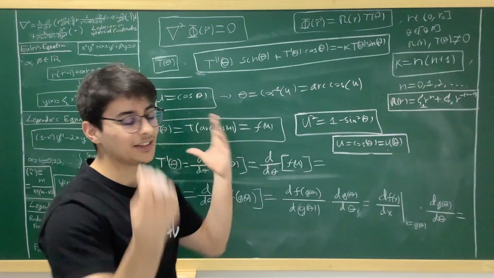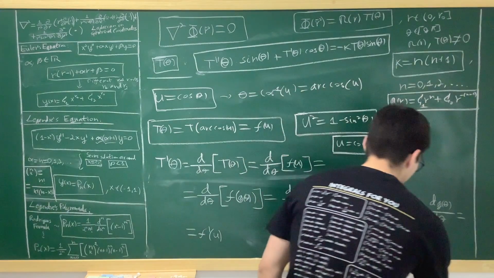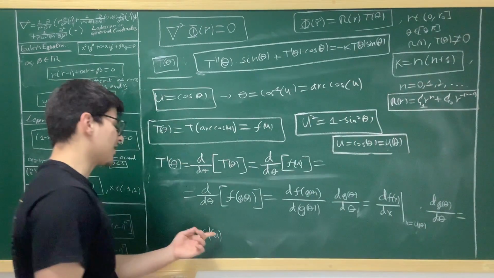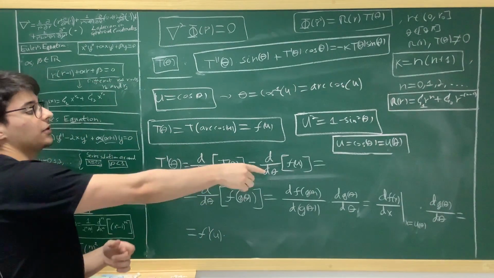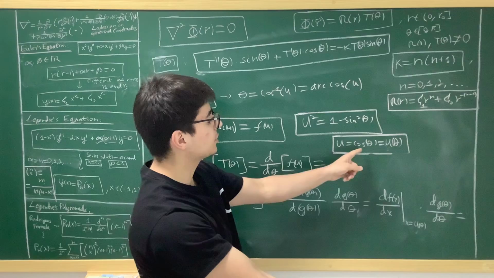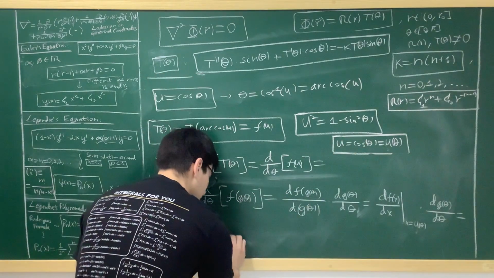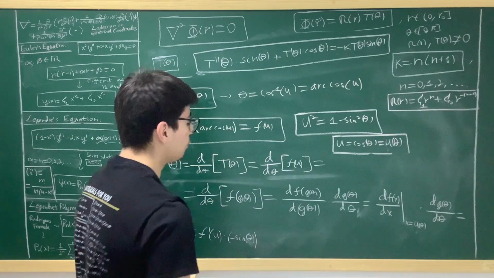Sorry for messing around with your heads, but you can just call it u, why not? U of theta. So really, it's just f prime of u times the derivative of g of theta with respect to theta, which is minus sine of theta.